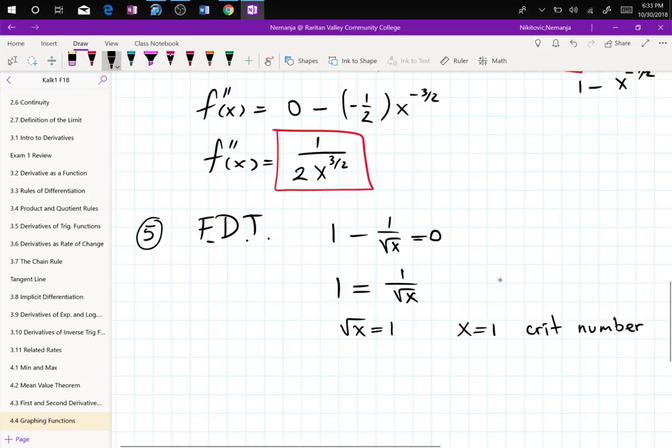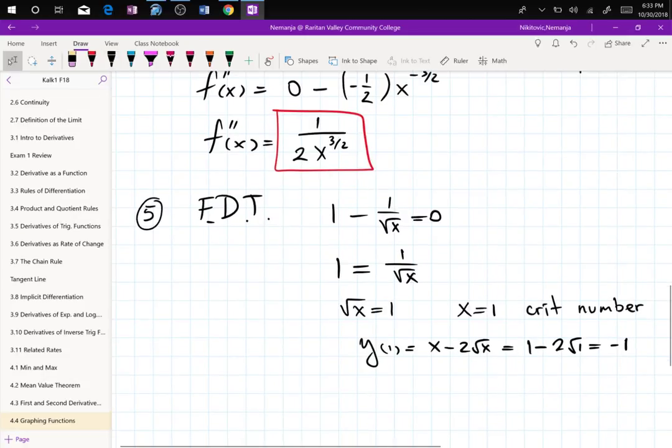Remember that we are partitioning on this. I'm going to find its y value right away. So the function computed at this is x minus 2 root x, so 1 minus 2 square root of 1, which is negative 1. So we have (1, negative 1) as the critical point.